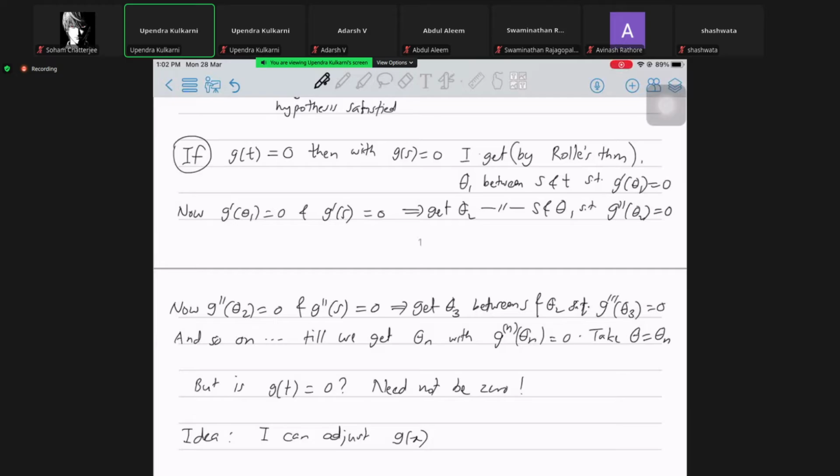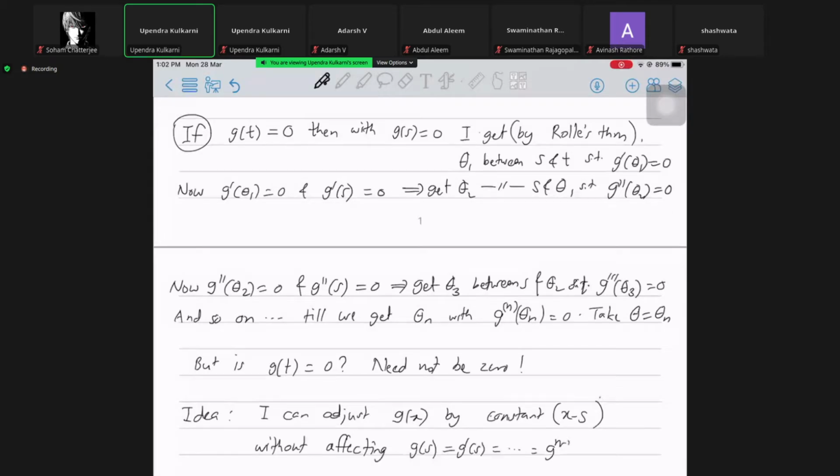I can adjust G of x by a constant times x minus s to some power, without affecting G of s equals G prime of s equals, and so on, up to the (m minus 1)th derivative of G evaluated at s equal to 0.